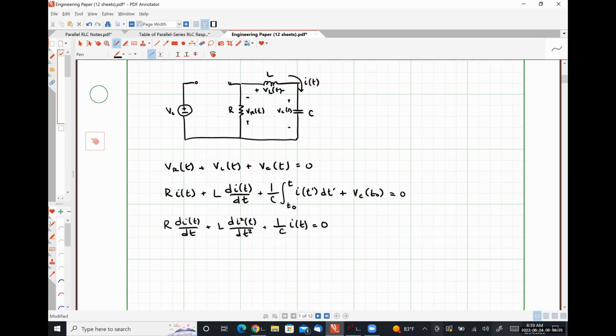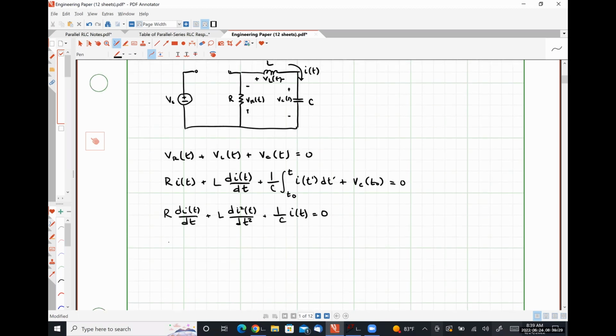So in essence, I'm simply dividing both sides by a factor of L. And in doing so, I will find that I have an expression d squared i by dt squared plus R over L di by dt plus 1 over LC i of t.